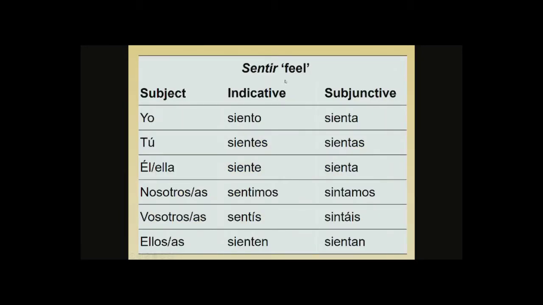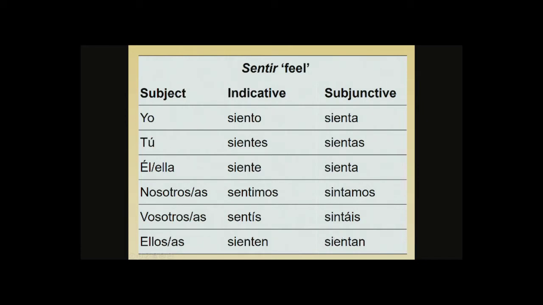Sentir, to feel. Siento, sientes, siente. So far, looks like it's basically a kind of ER type verb, doesn't it? Sienten, same. Sentimos, sentís. Well, again, I suppose here you can see it's an IR verb, can't you? Because it's imos and ís. In the subjunctive, sienta, sientas, sienta, so that parallels siento, sientes, siente.